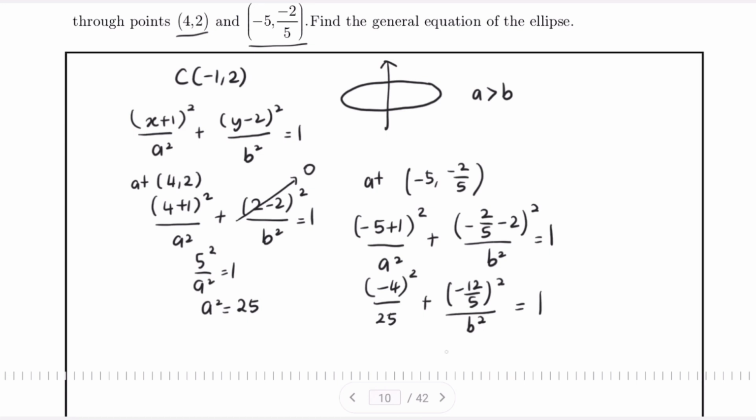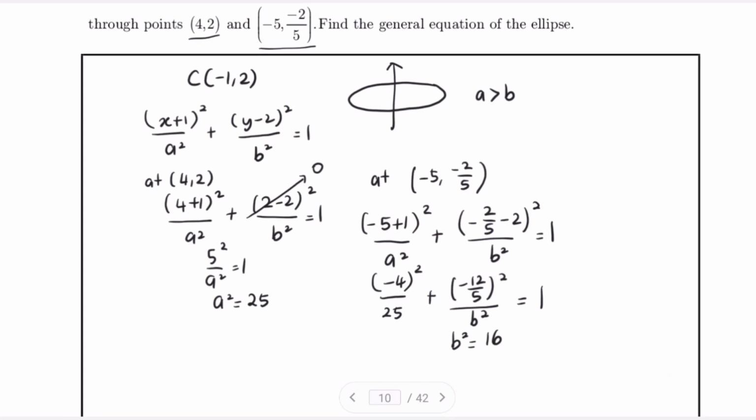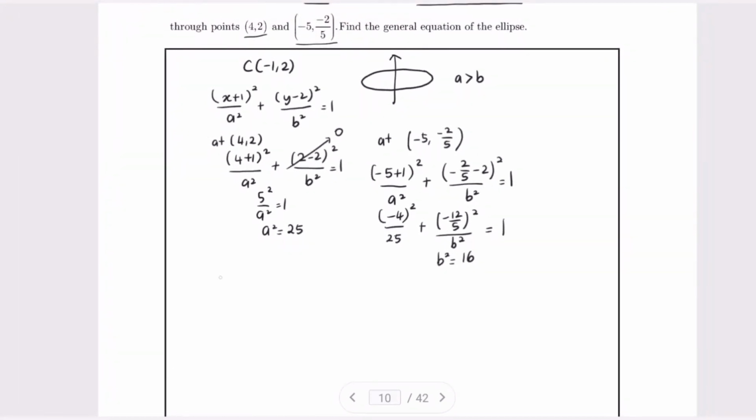When you solve this equation, you basically get B squared equals 16. So we can substitute into the formula to get (x plus 1) squared over 25 plus (y minus 2) squared over 16 equals 1.